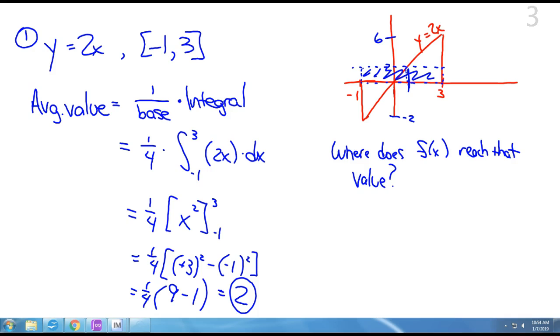Usually these are not super involved algebra, they're just making sure you know the concept. So what two things am I setting equal to each other here? The function and the average value. In this case, it's just 2x equals 2. So that happens at x equals 1, which makes sense based on the way we drew it. So that point would be 1 comma what? 1 comma 2.